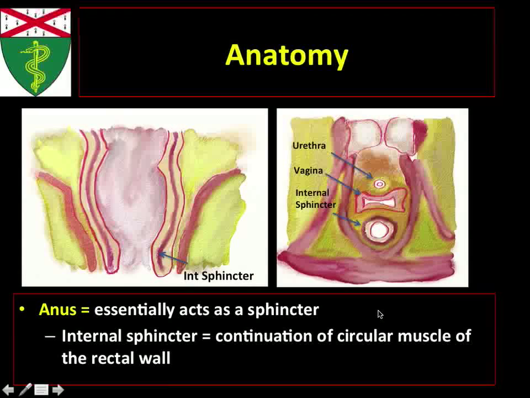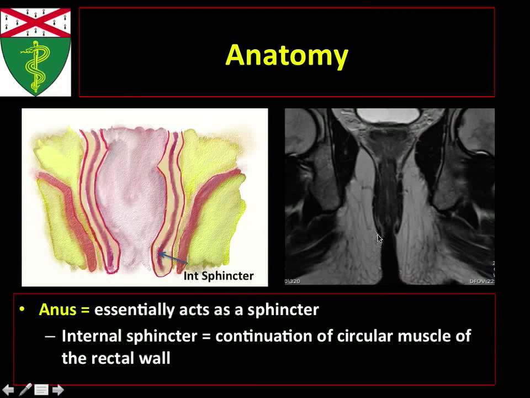So that's an axial image. Let's see what it looks like on coronal imaging. This kind of mirrors this a little bit, but this is another T2 weighted image. And your anus is going to go all the way from about here to here. And this grayish looking structure here is going to be your anus. And for our practical purposes, the entire breadth from here to here, we can consider the internal sphincter.